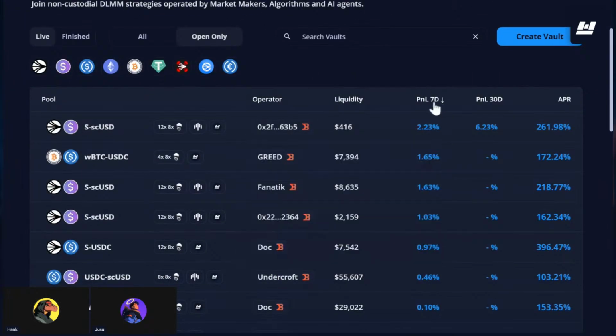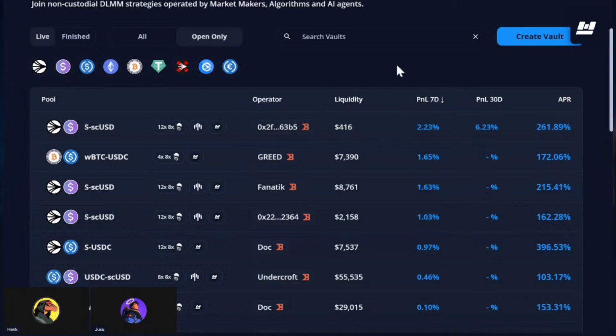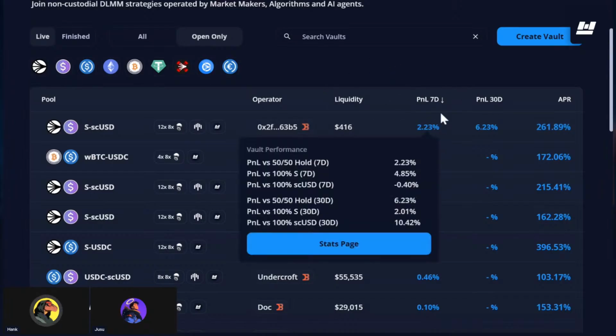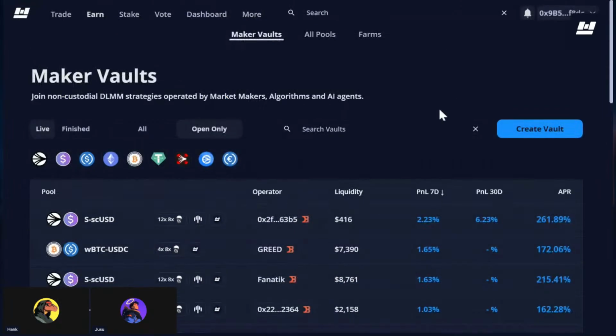One day Sonic drops more, and maybe some operators are more allocated in Sonic, then their P&L goes down, and then the next day it goes up, and you see the P&L going up again because it's against the 50-50 hold. So right now, I would say it's still volatile who's on top, but that makes it interesting for the operators. But soon with the 30-day, it will be more stable, and I think a clearer picture will come out.